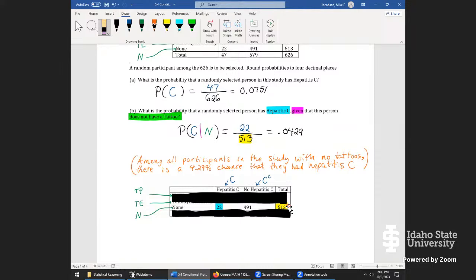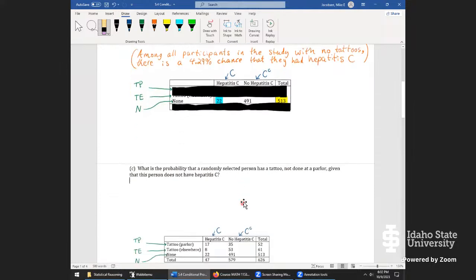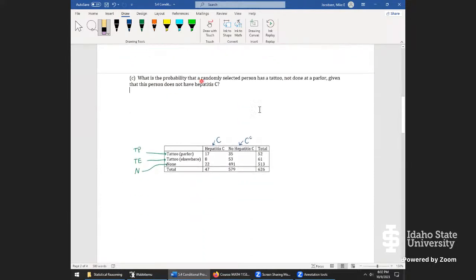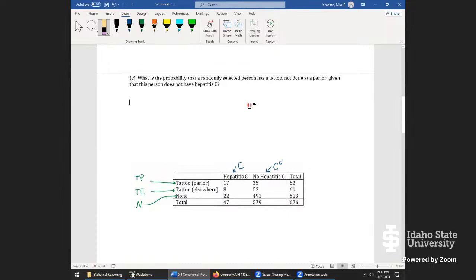Okay, well, let's forge ahead. Let's try out our brand new problem. Part C is the same scenario, and the table we're dealing with is just pasted here for easy reference. That way we're not scrolling up and down a whole bunch as we solve these. Part C is asking us next, what is the probability that a randomly selected person has a tattoo not done at a parlor, so that's very specific.